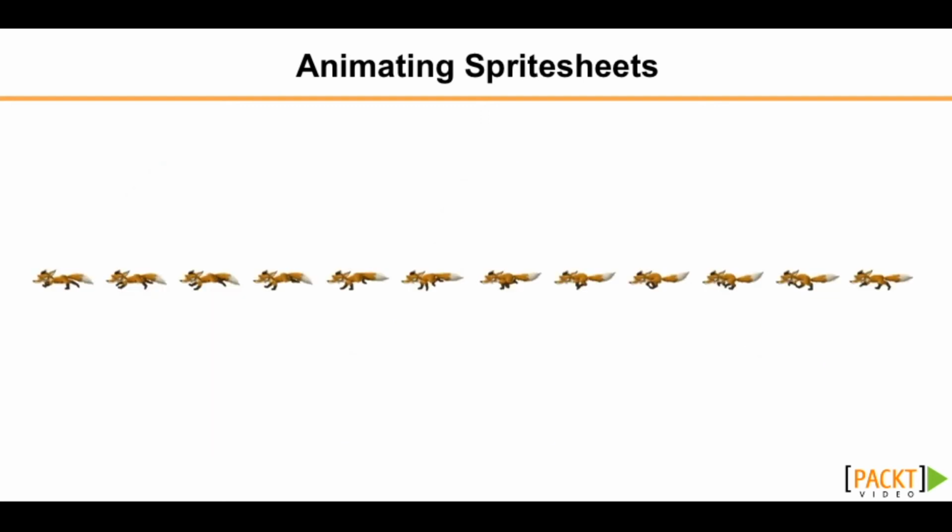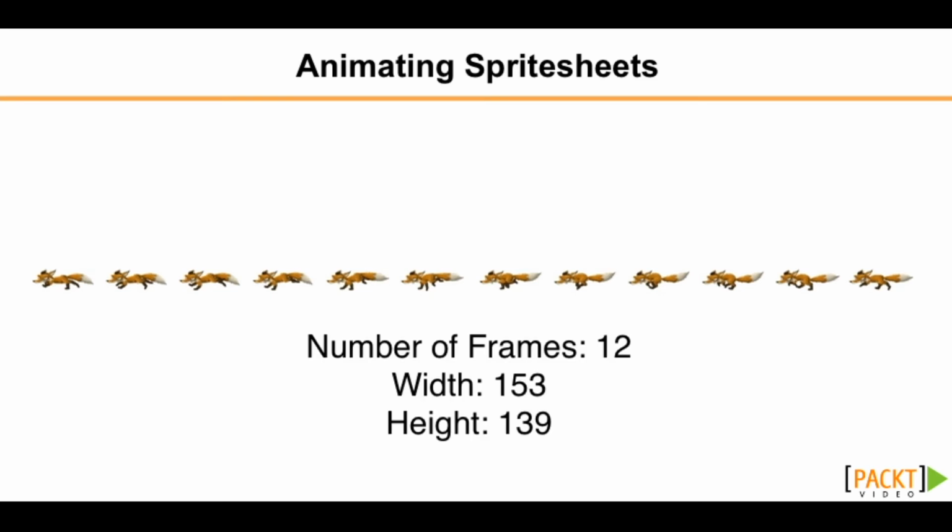So you can see that this sprite sheet has many frames. So each single image is called a frame. So in this case, it's a fox that is running, and we can basically see that each particular frame has obviously some set of information.